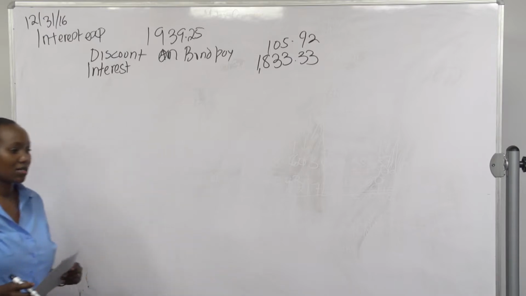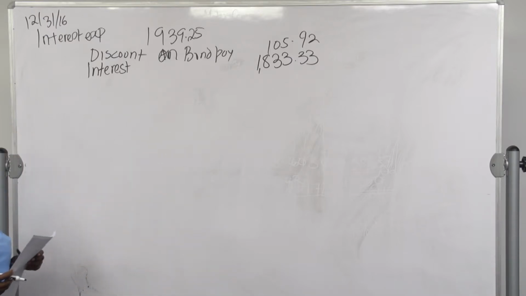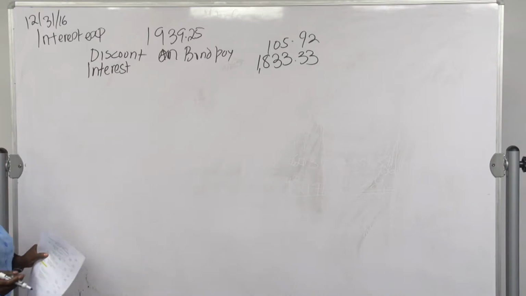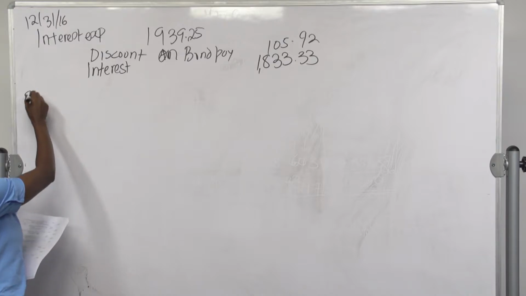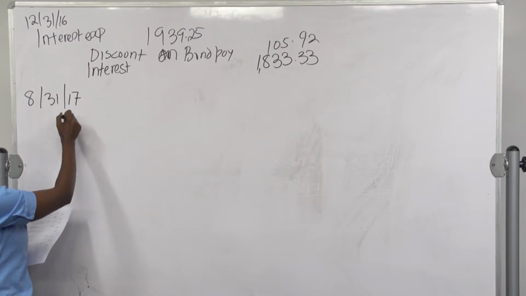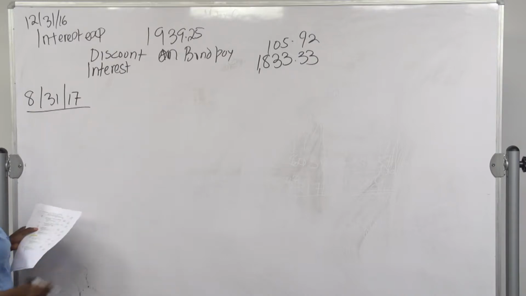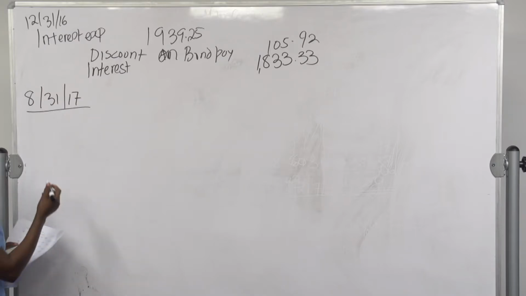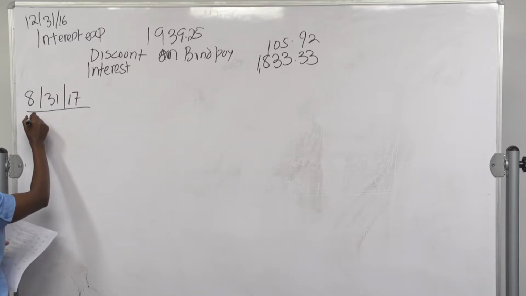Next, our next transaction is in August, when we actually make out the payment to the company that we sold the bond to. So August 31st, 2017. We also have an interest expense for these 8 months from January 2017 to August 31st, 2017.